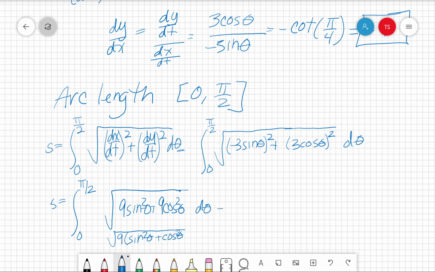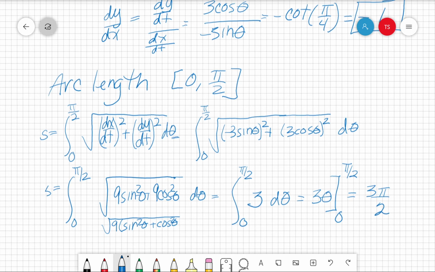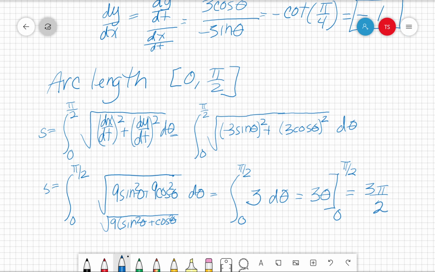So that is just going to equal the integral from 0 to pi over 2 of 3 times 1 d theta. So that will be equal to 3 times theta, and we'll evaluate from 0 to pi over 2. And that will be equal to 3 pi over 2. Okay, and that makes sense because we have a radius of 3, so the arc length from 0 to pi over 2 would be 3 pi over 2.